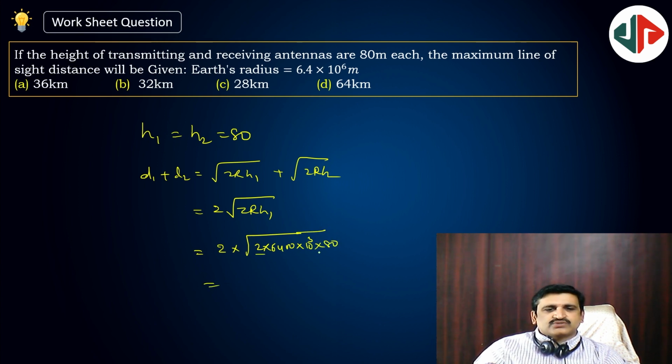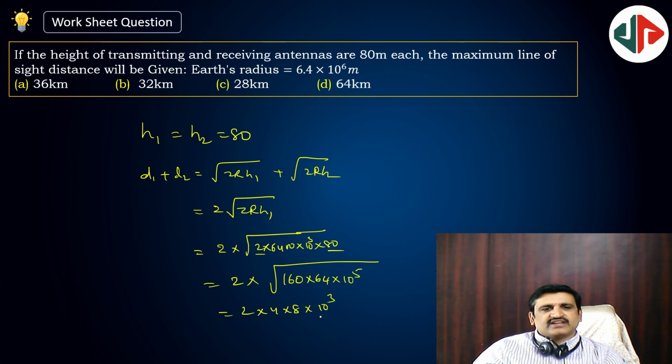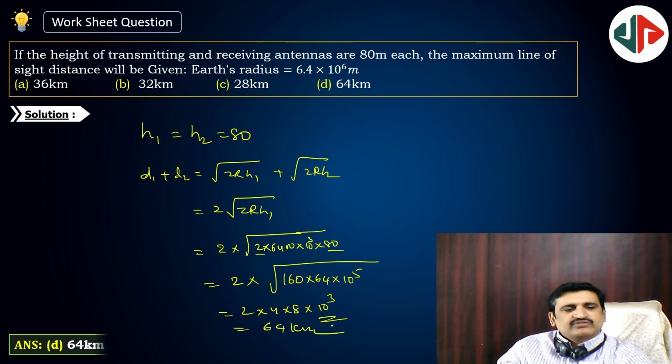So 2 eighties are 160, 2 into root over 160 into 64 into 10 to the power of 5. This gives 10 to the power 6. So 2 into 4 into 8 into 10 to the power of 3, in kilometers, 64 kilometers. So option 4.